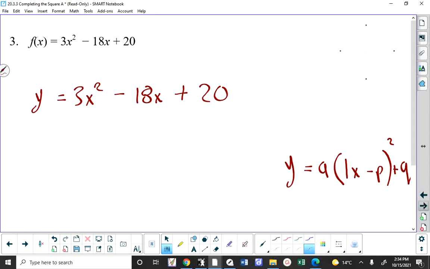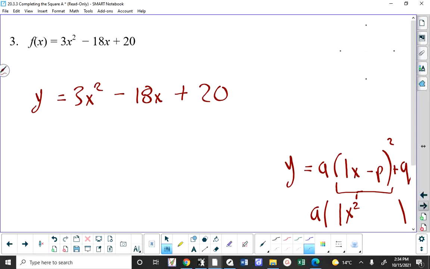So this part, which is the perfect square trinomial, has to have 1x squared in it. There's an a here that you're going to multiply the whole thing by, but it's got to have 1x squared. This does not have 1x squared. We need to arrange it so that it has 1x squared. And you don't do that just by erasing the 3.